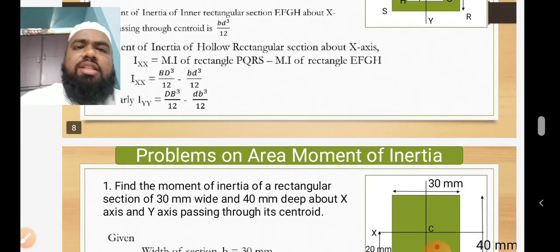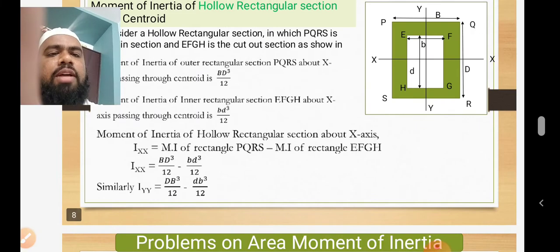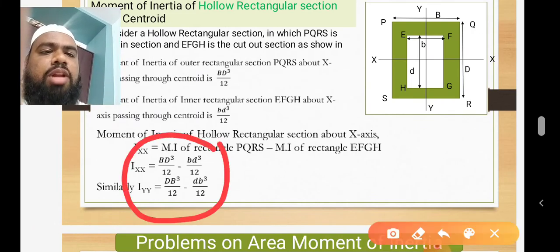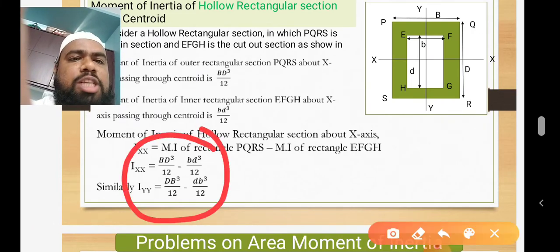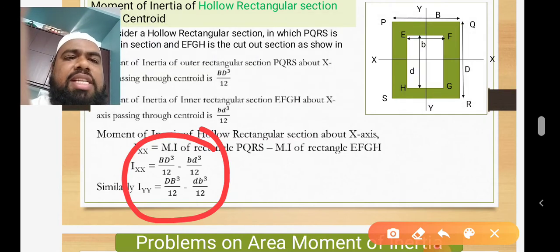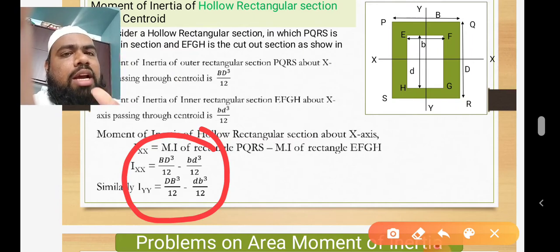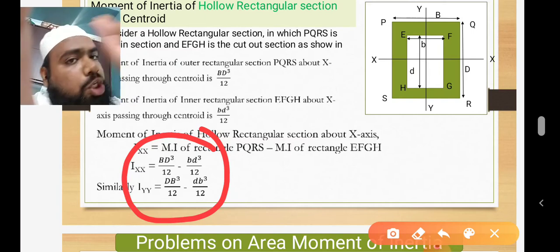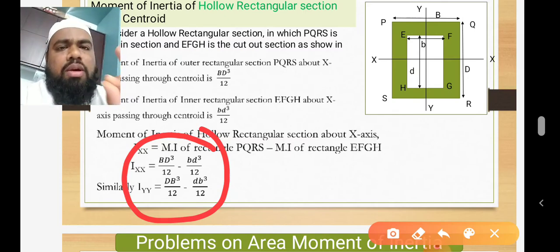So that is the logic. This is your final formula. Here the final formula, Ix is equal to BD cube by 12 minus bd cube by 12, and Iy is equal to DB cube by 12 minus db cube by 12. Why is it minus? Because we cut and removed the part, so the moment of inertia of the removed part will be subtracted from the moment of inertia of the total part. That is the logic to apply in problems.